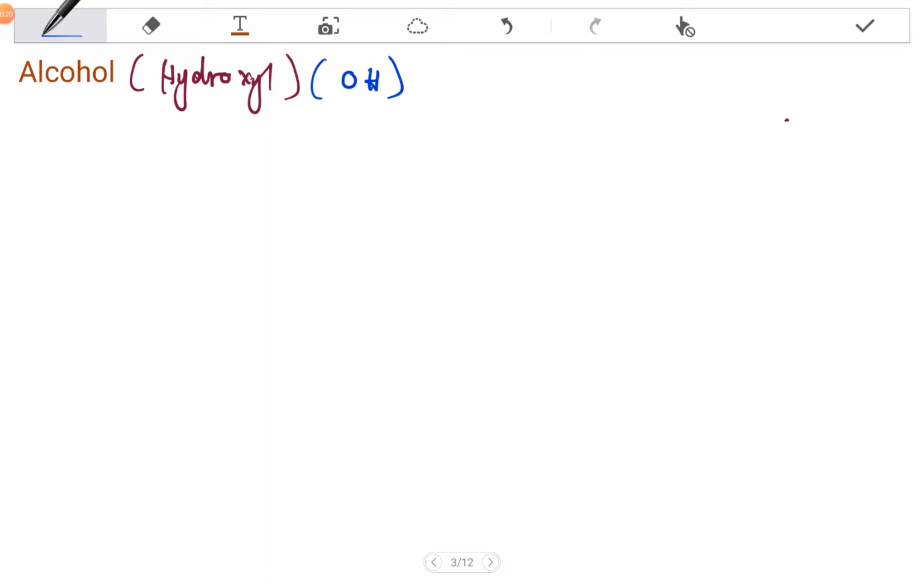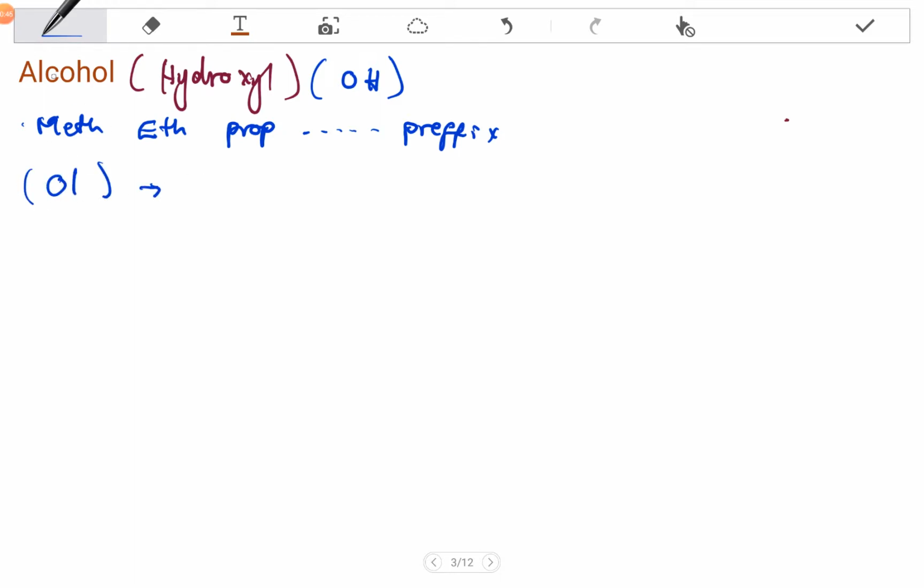For the prefix, we are still using the prefixes we always use: meth, eth, prop, and so on. And for the suffix we are going to use "ol".